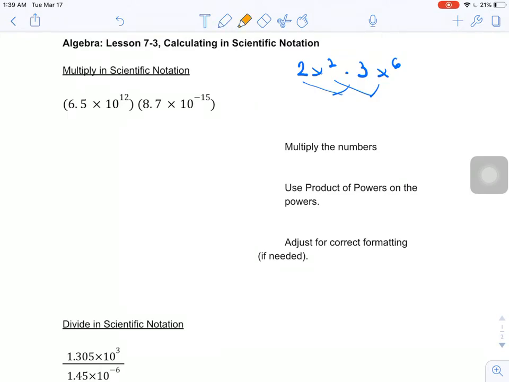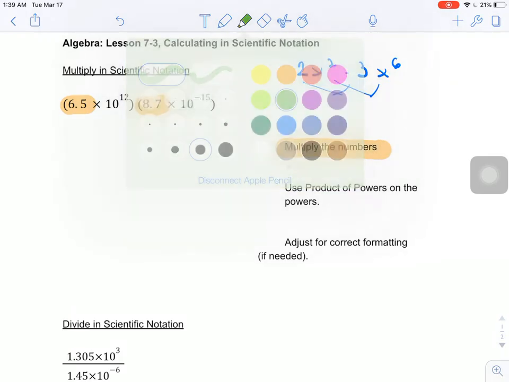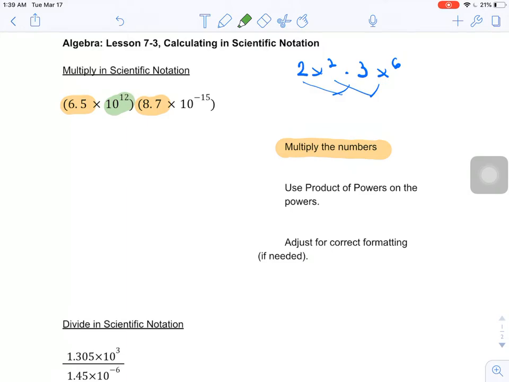We have numbers that we can multiply, so we can multiply the numbers. And then we also have powers, so we can use the product of powers on the powers, just like we would with this little problem I put up here in the corner. So working with scientific notation is actually exactly like working with some of the other problems that you worked with.